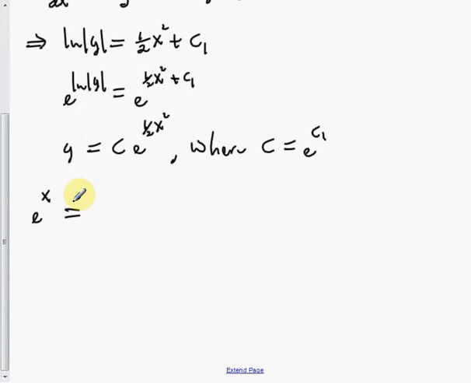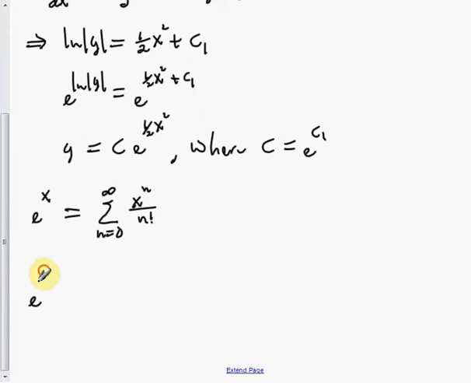E to the x for the power series looks like the summation as n goes from 0 to infinity of x to the n all over n factorial. If it's e to the x squared divided by 2, very similar, you just manipulate that.